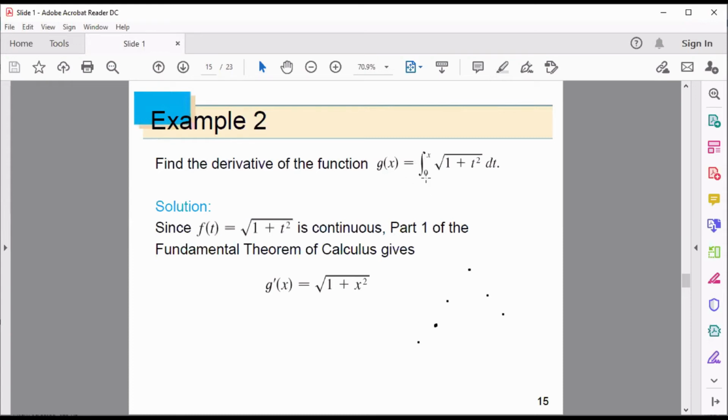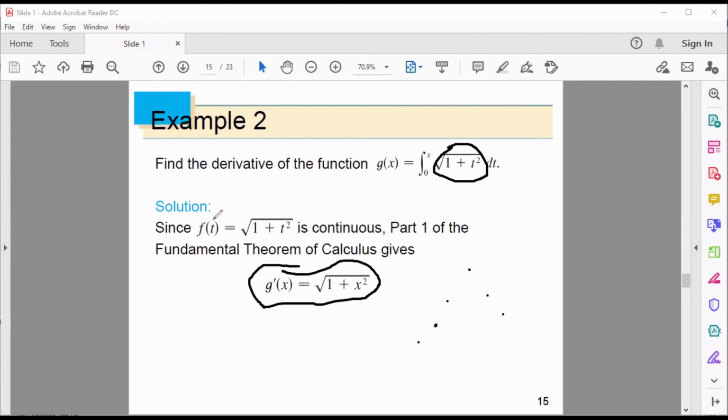But be careful, when it's between 0 and x of a function, then the derivative is equal to the function inside the integral. Then the derivative of my function is equal to root of 1 plus x squared. That means this function at the point x. Okay, in practice, the derivative of the function g is the function inside the integral, but we substitute t by x. This is all. This is thanks to the fundamental theorem of calculus.